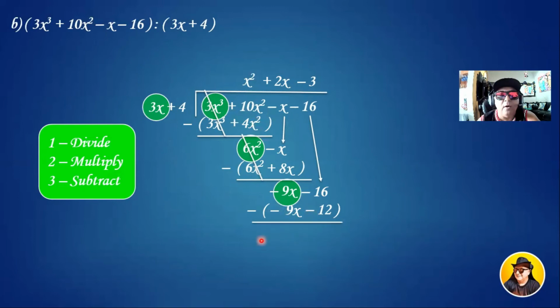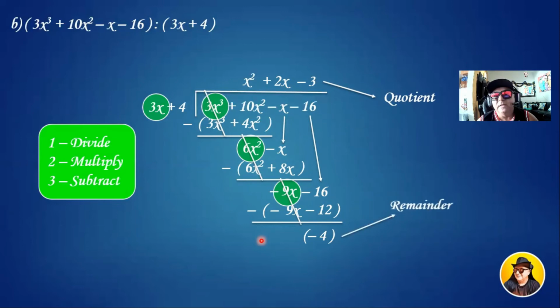Let's operate. So minus 9x plus 9x is 0. So, and minus 16 plus 12 is minus 4. All right, so x squared plus 2x minus 3 is the quotient, and minus 4 is the remainder.